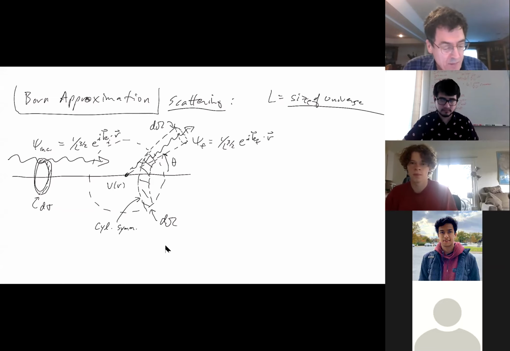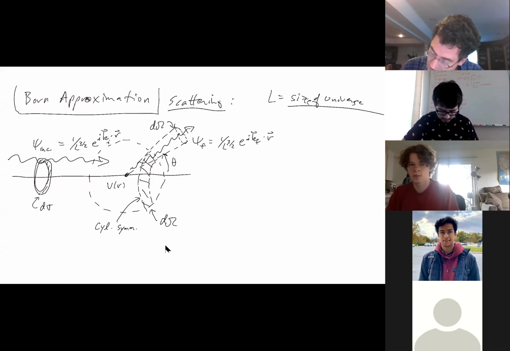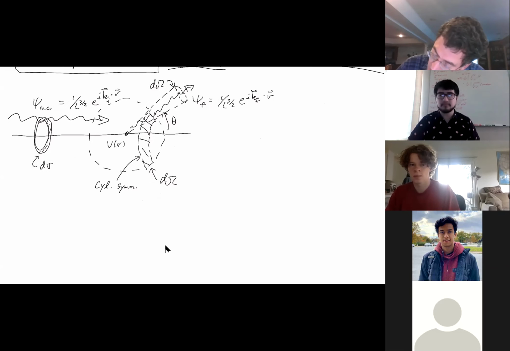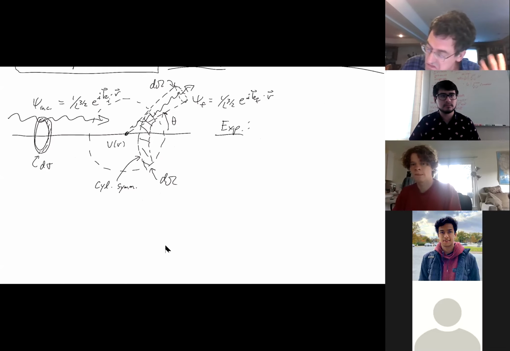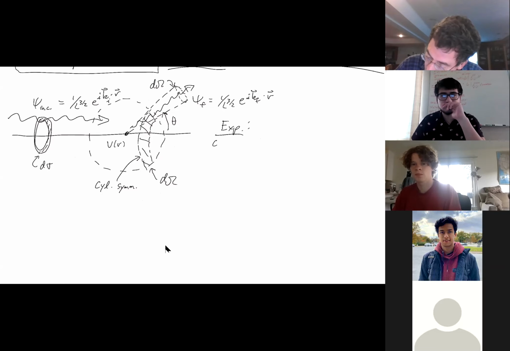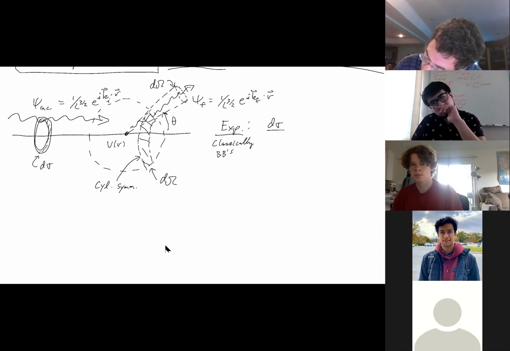And so what we do then is we say, from an experimental point of view, if we think of this classically, like if I was shooting in BBs, little balls, then we can define this quantity d sigma d omega.